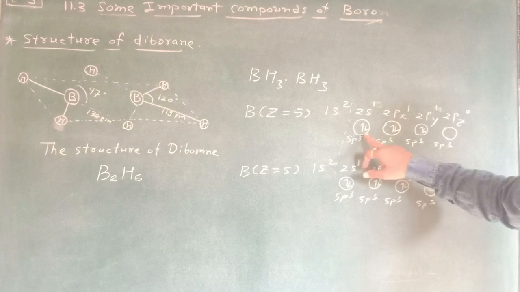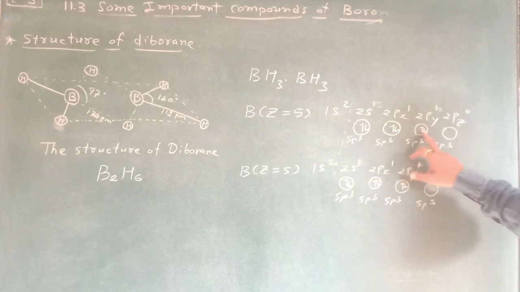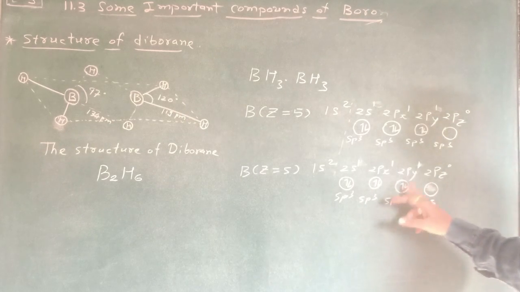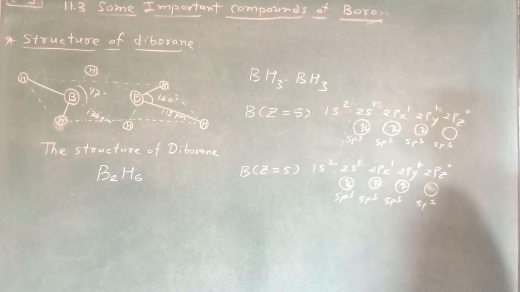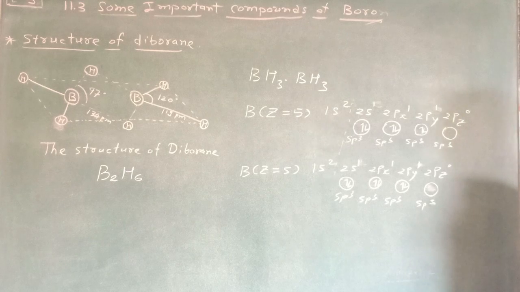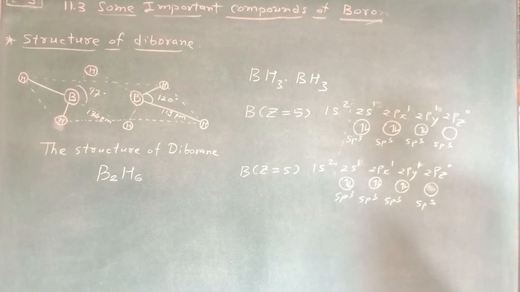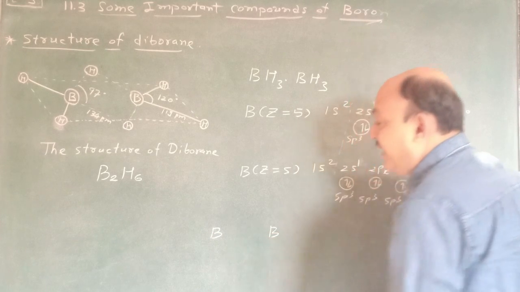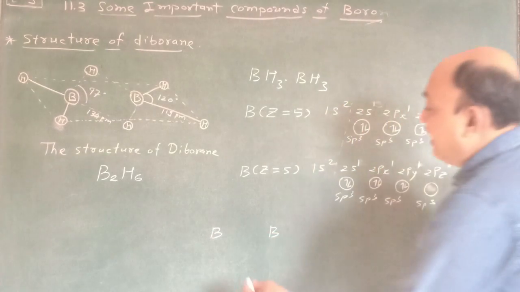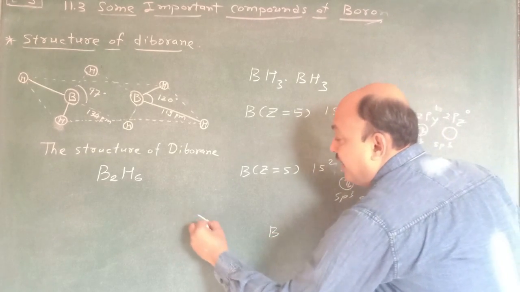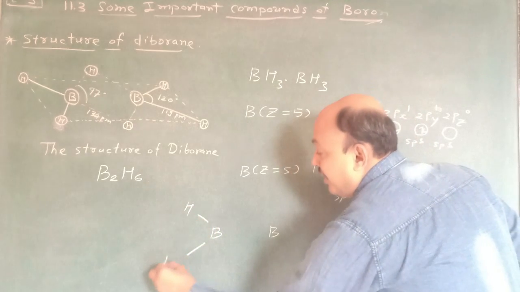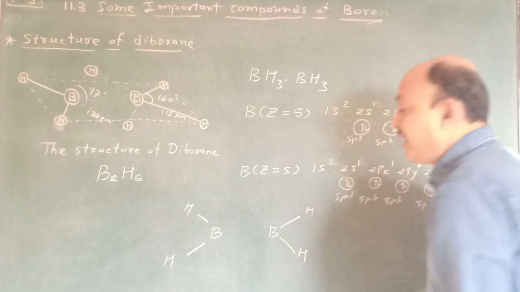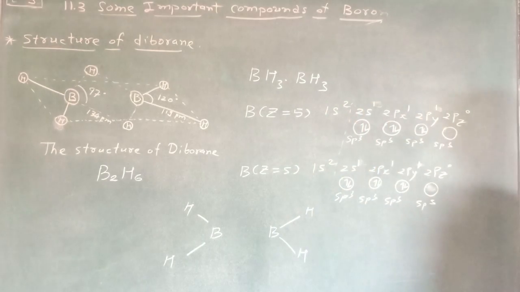This is the 1st hydrogen, 2nd, 3rd, 4th, 5th and 6th hydrogen. But very important, there are 2 borons, and they share their electrons with hydrogen, no problem here, no problem here.